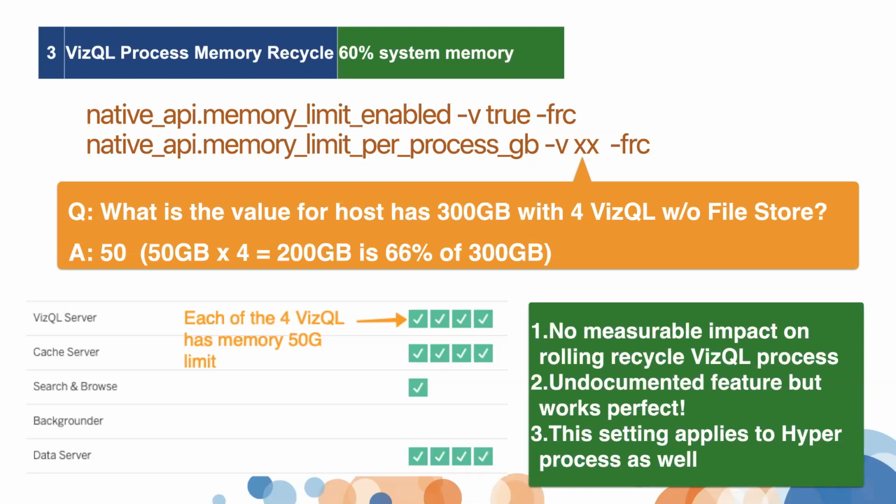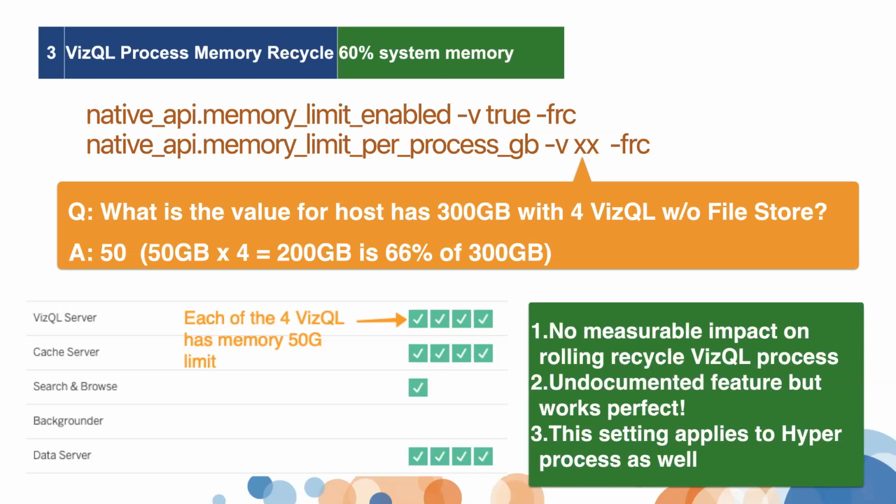Okay. If your host has both VizQL process and also Hyper, you may want to do your calculation on how much you want to leave for Hyper. In this example, maybe set it as 40. Now if you set it as 40, and there is a file store or Hyper node here, the 40 gig for Hyper may be good, may not be good.